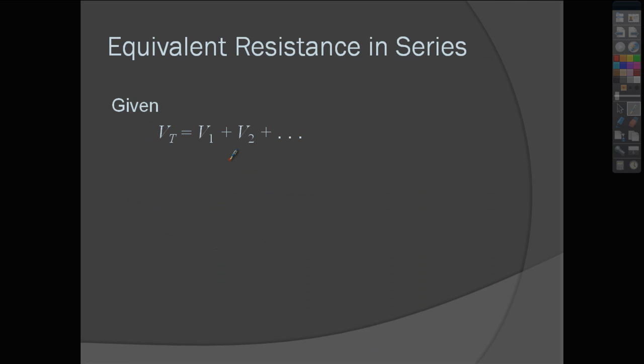So given that our total voltage ups equal our voltage downs, and from Ohm's law knowing that voltage equals IR, we could substitute IR in for all these things. So I_T R_T equals I_1 R_1 plus I_2 R_2 plus I_3 R_3 plus however many you have.